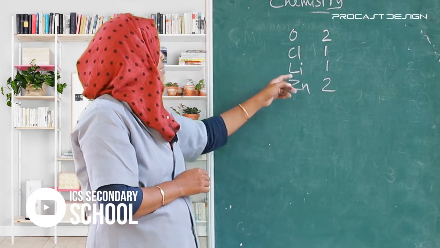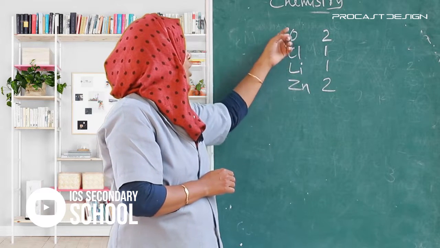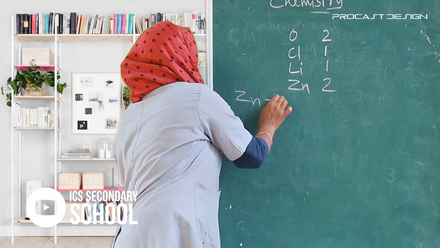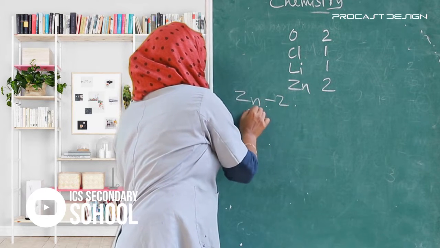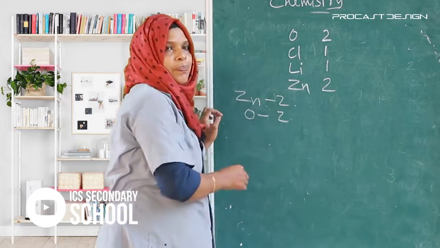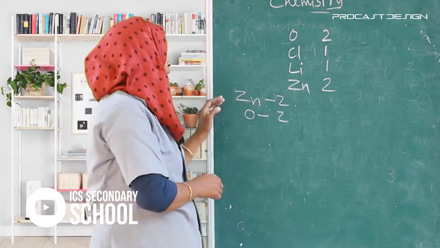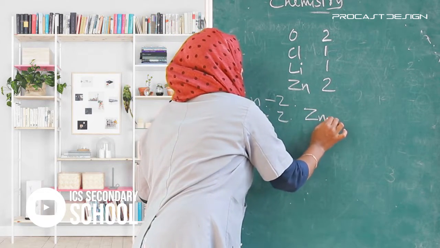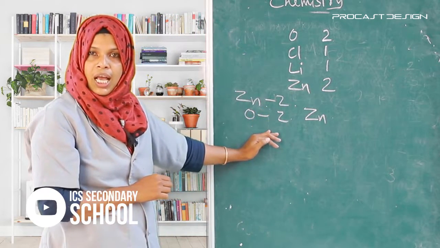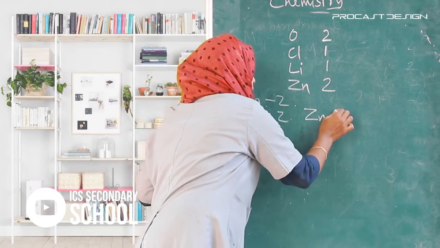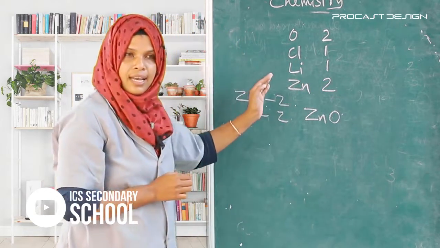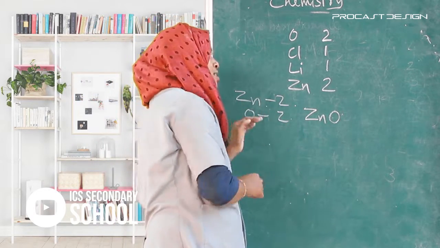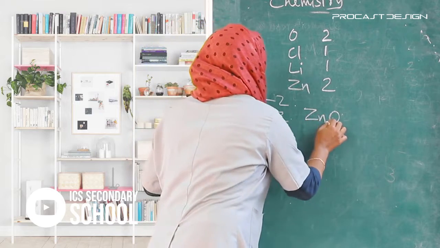First consider zinc and oxygen. Zinc valency 2 and oxygen valency 2. Write the less electronegative element first, then the more electronegative second, then interchange the valency. Here the valency of zinc is 2 and oxygen also 2.